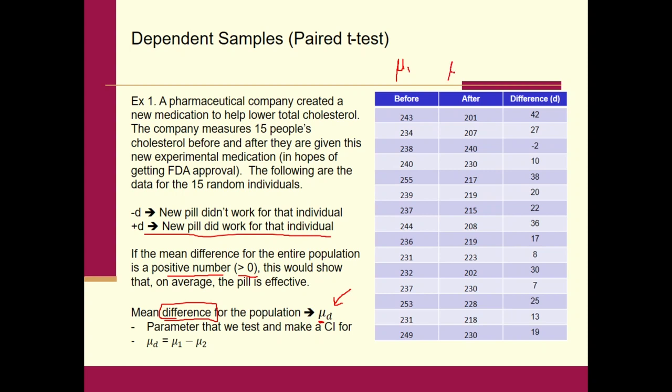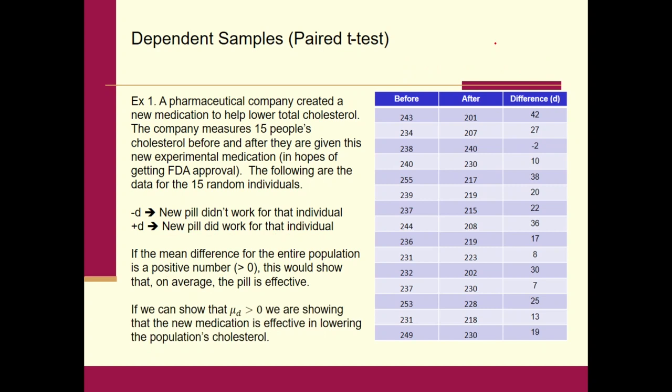And then if we could take a look at the average of all the people after they took the pill, that would be mu2. And so remember, all we did was do the subtraction between the two, so that means mu sub d is simply equal to mu1 minus mu2. That's the way we got to think of it.